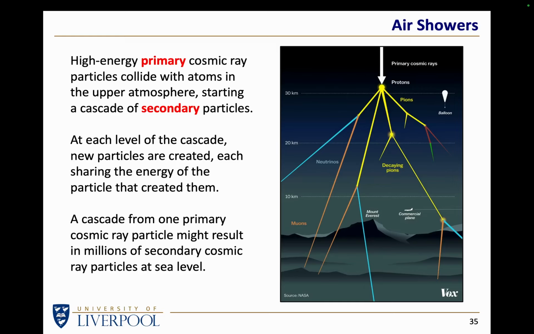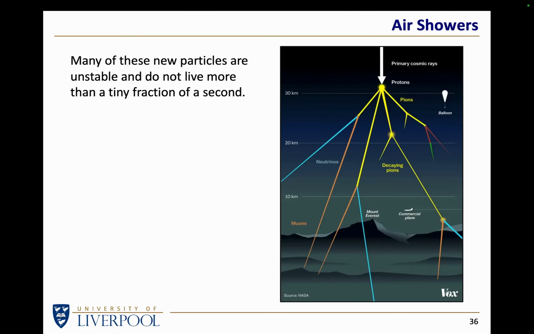What sort of particles arrive down here? What sort of particles are we actually seeing in the cloud chamber? Some of them we're familiar with, like protons and electrons. They make us up anyway. They make up atoms, so we're familiar with protons and electrons. But some of the particles generated in a cosmic ray shower are nothing whatsoever to do with atoms. They are particles that apparently exist in cosmic ray showers, but wouldn't exist otherwise.